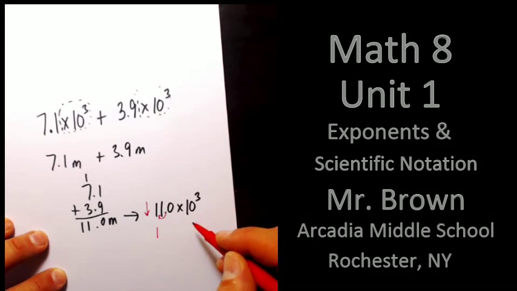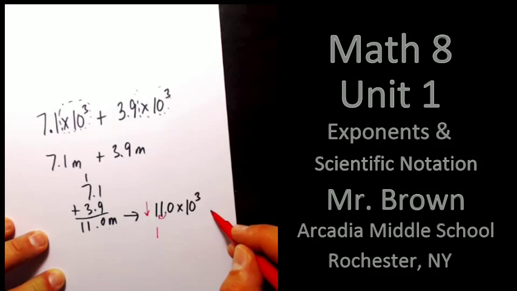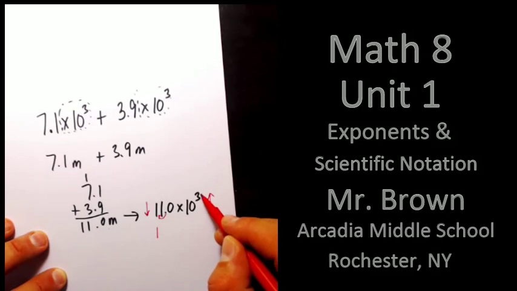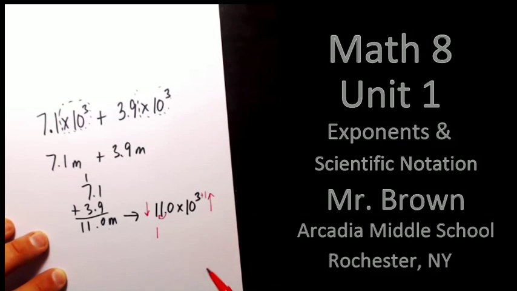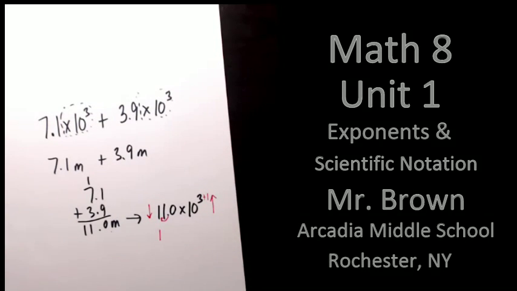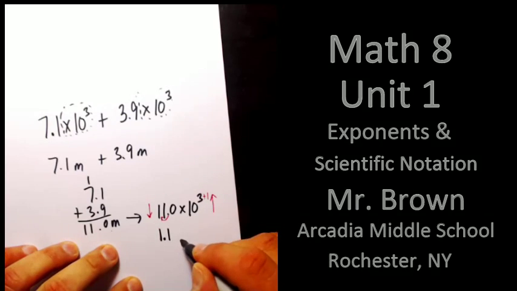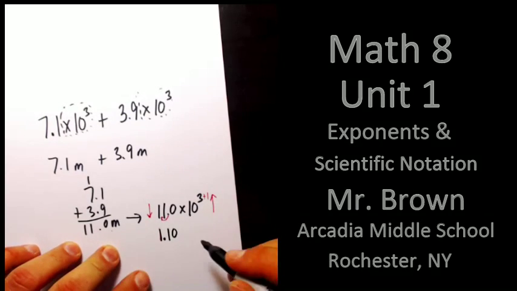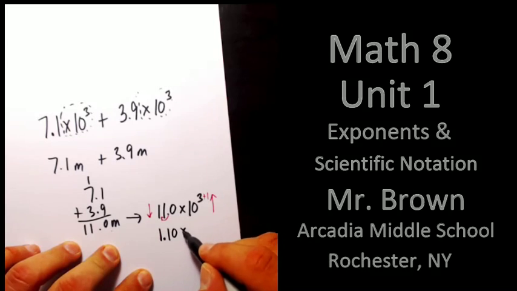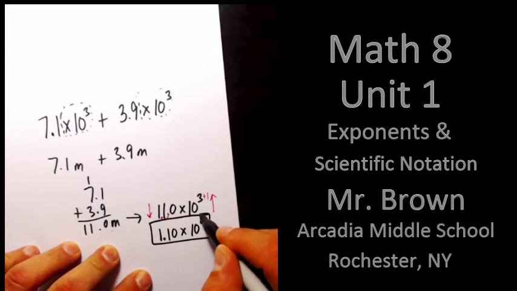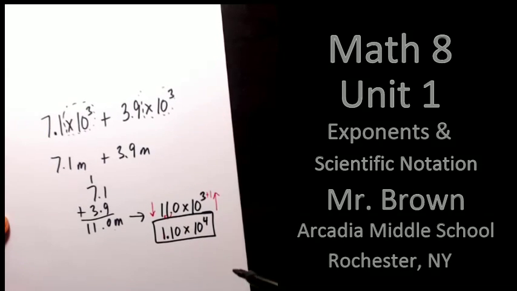Move the decimal back that way. If you make this look smaller, you've got to make this look bigger. Since we moved this one place, we're going to add one spot. So your correct scientific notation is going to look like this: 1.1, put the 0 there just to humor us, times 10 to the fourth power.